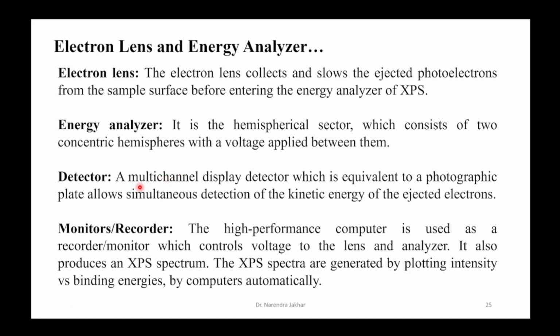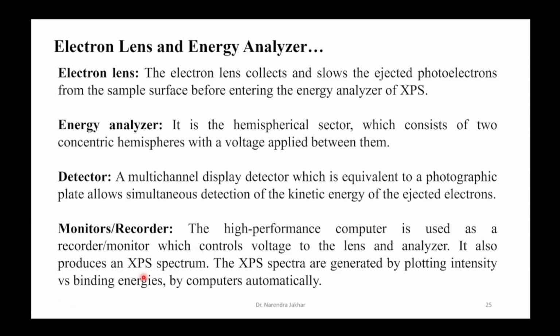Then the detector assembly has multi-channel detectors, which are equivalent to a photographic plate, allowing simultaneous detection of the kinetic energy of the ejected electrons. Then we record the data on the monitors and recorders. A high performance computer is used as the recorder or monitor, which controls voltage to the lenses and analyzer.